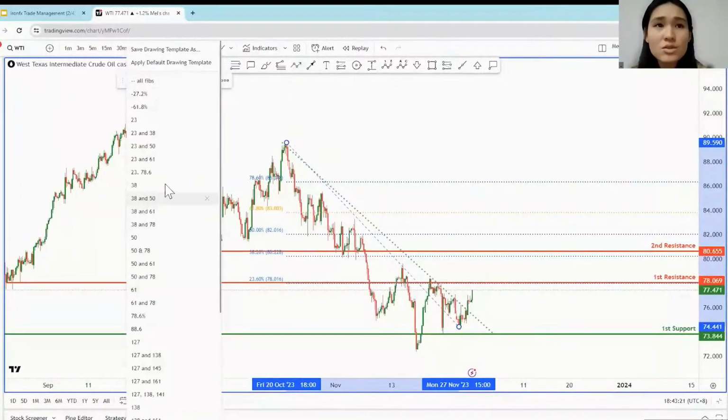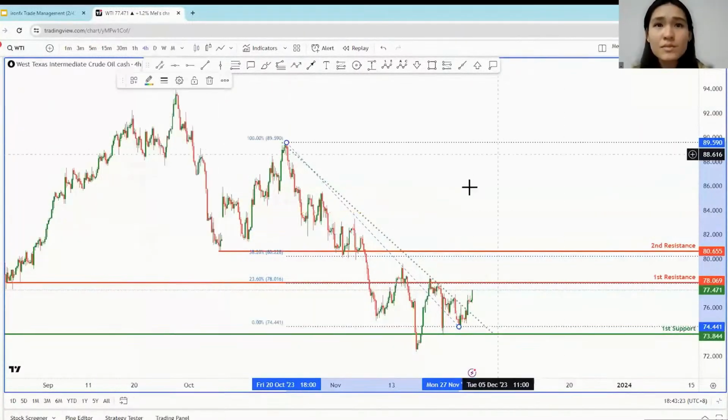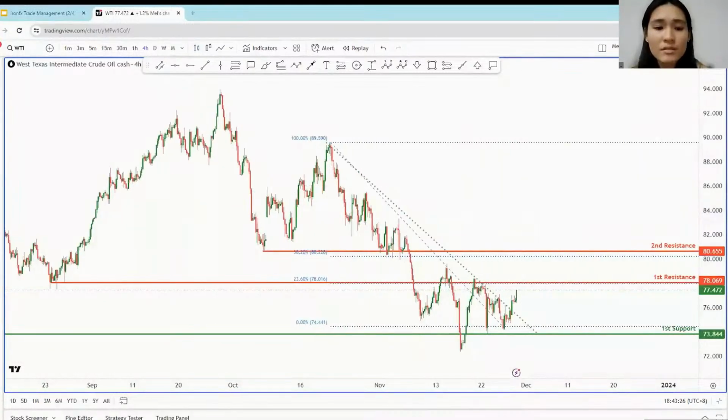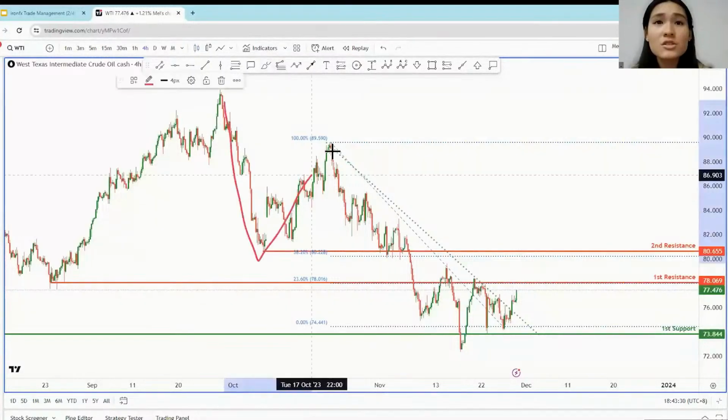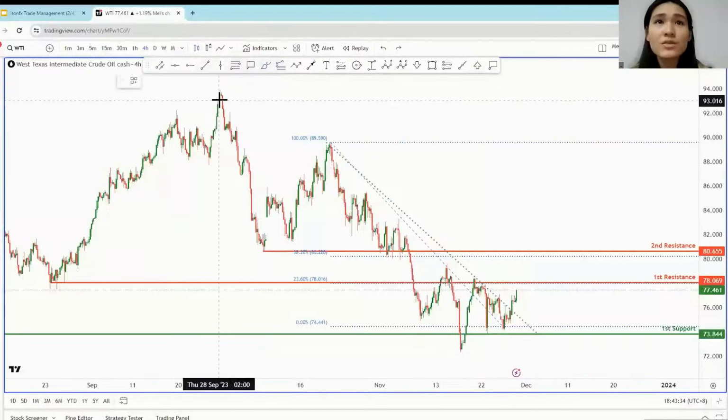So let's just keep those. Okay, and then I also have this flash shape here as well. Okay, so we can go in with our projection.